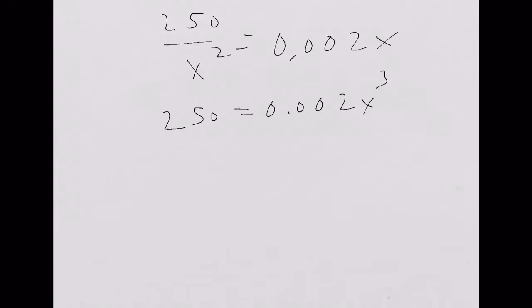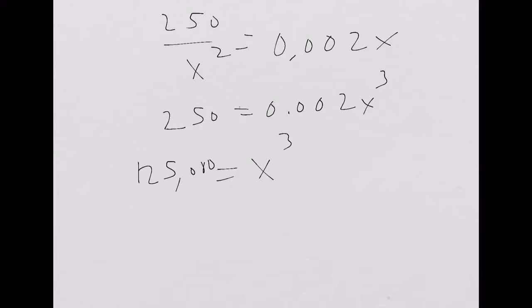Divide by 0.002 on both sides. I'm going to break out my calculator for that one. So if I do 250 divided by 0.002, I get some nice healthy number.